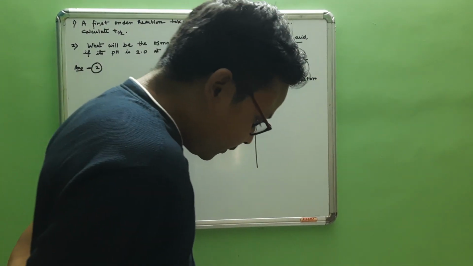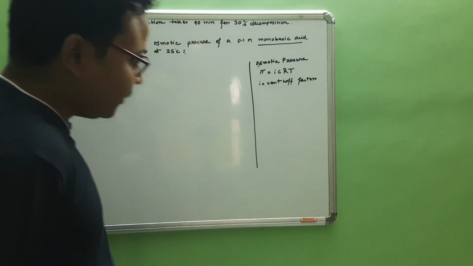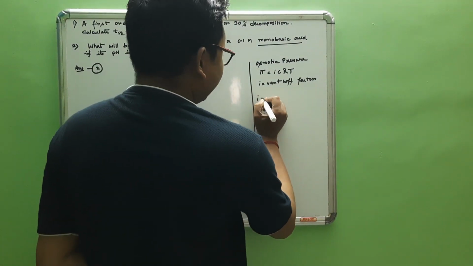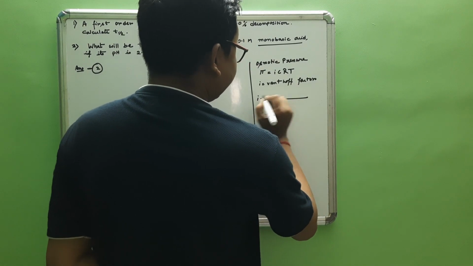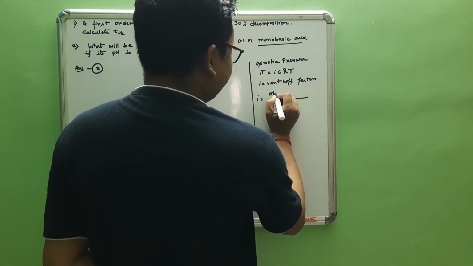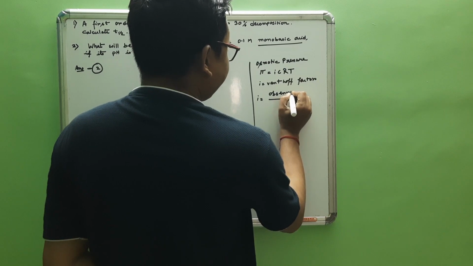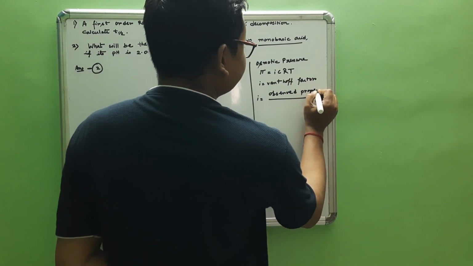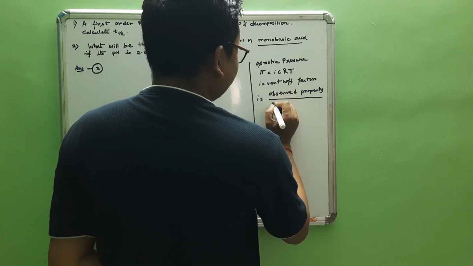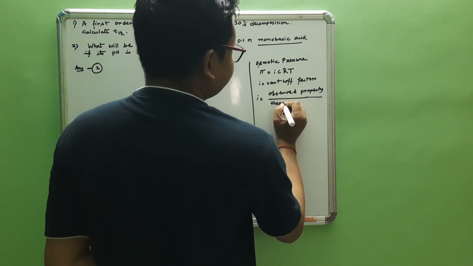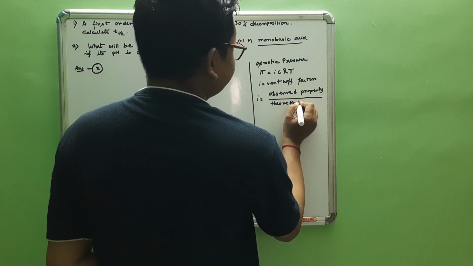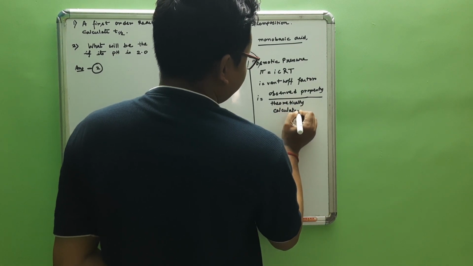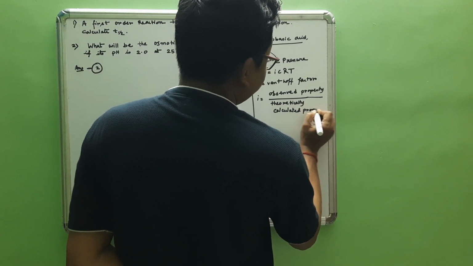So this is the Van't Hoff factor. How to calculate the Van't Hoff factor? The Van't Hoff factor i is the observed property divided by the theoretically calculated property.